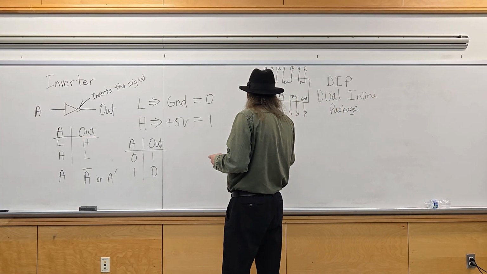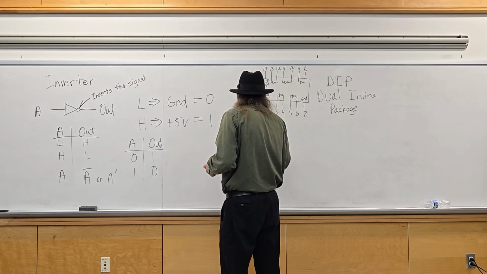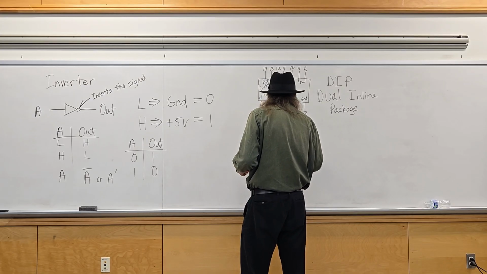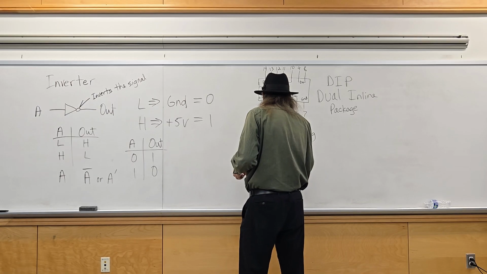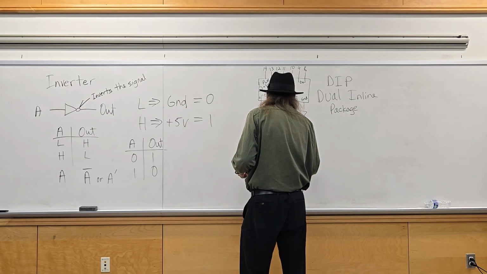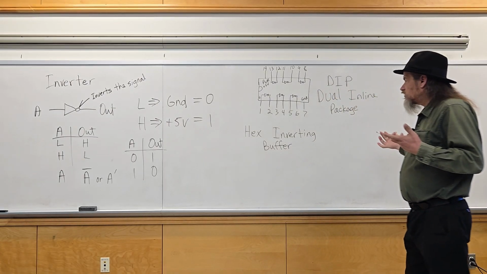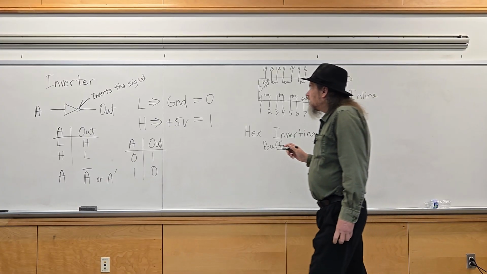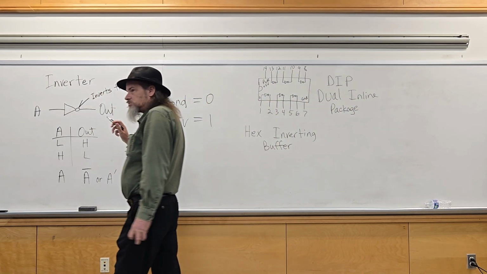The chip is called a hex inverting buffer. Hex for 6, and the symbol without the bubble is just called a buffer.